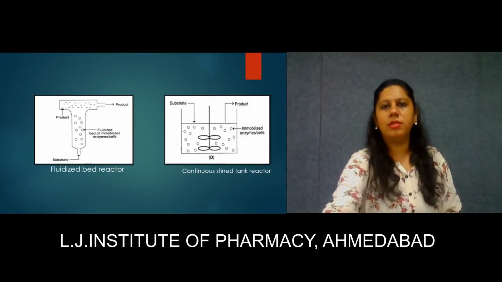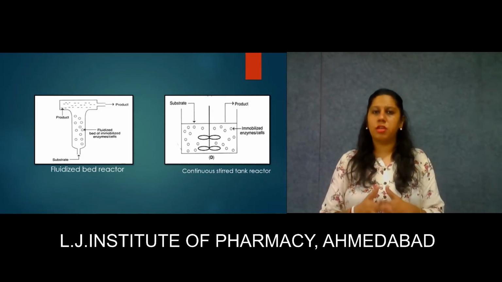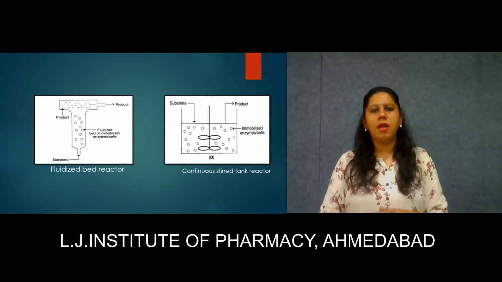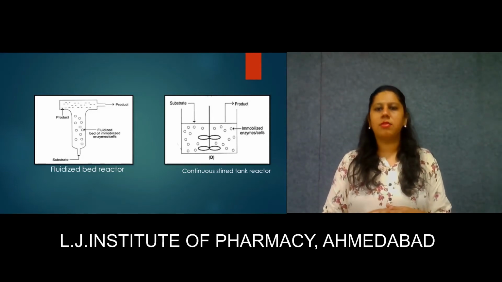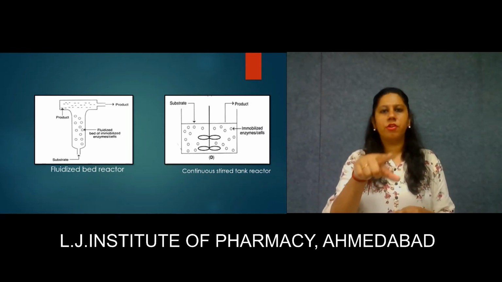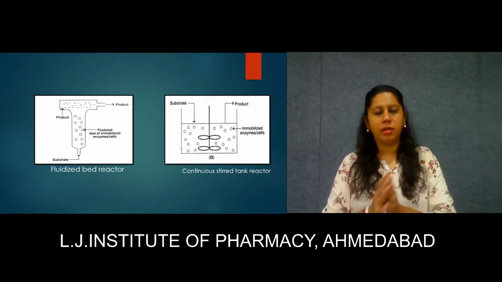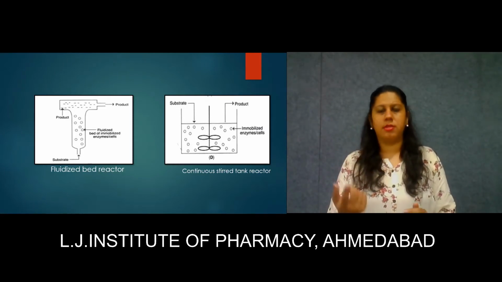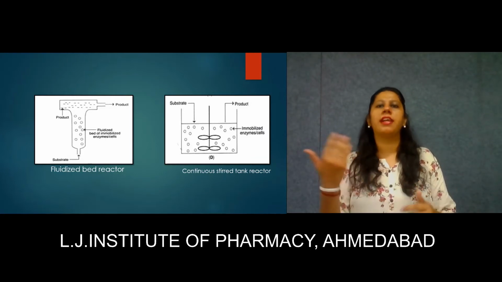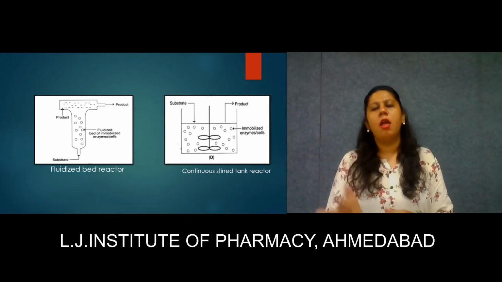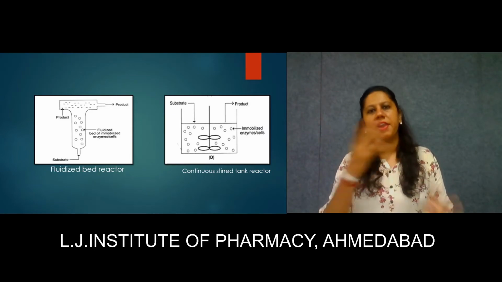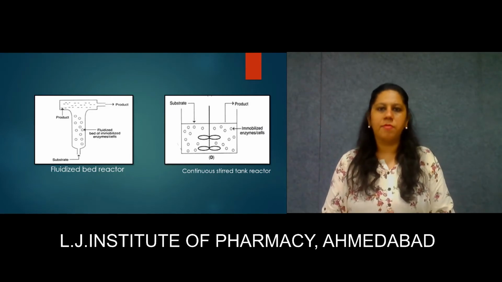Normally the vessels used can be of two types, fluidized bed reactors and continuous stirred tank reactors. As you can see, the substrate is introduced from one end, and from the other end you get the product. You have agitators which will agitate the nutrient medium in which the microbes are inoculated, and finally you get the enzymes which are produced.